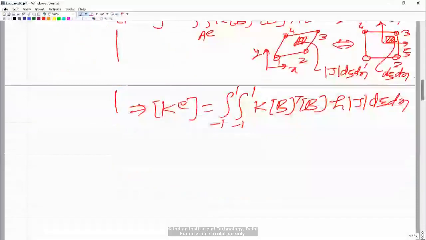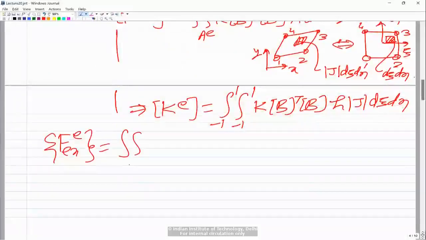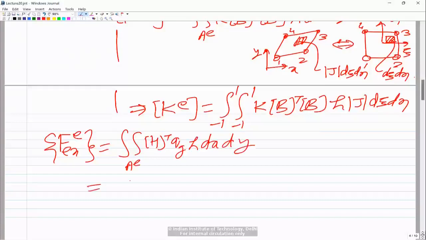And then of course if you look at the external load vector, f external is the integration over again the area of the element, and then we have H transpose into qg into H into dx dy. And with the same logic, we convert this integral into natural coordinate space. So the integration becomes -1 to +1, -1 to +1.